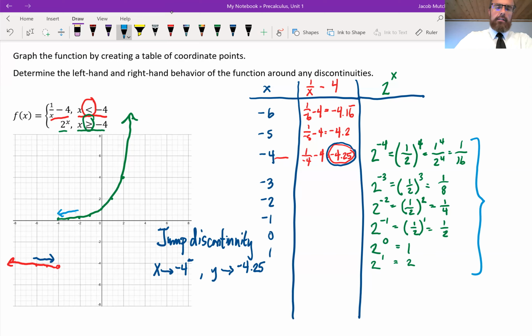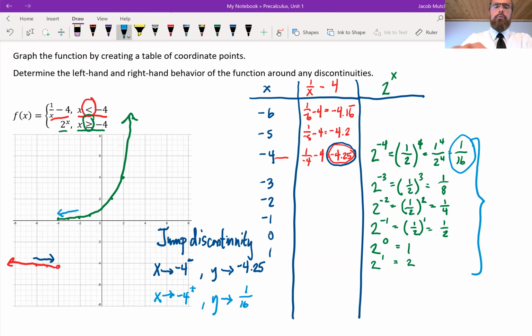So as x approaches negative 4, how do you think we notate from the right? Good, it's a little plus in the exponent. y approaches, and here we actually have a value. It doesn't even approach, it actually equals 1/16.